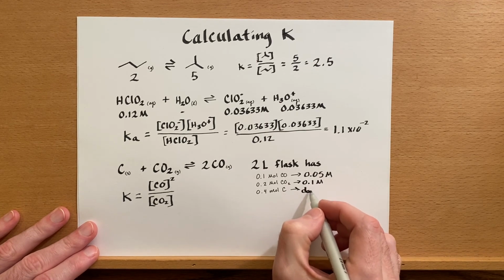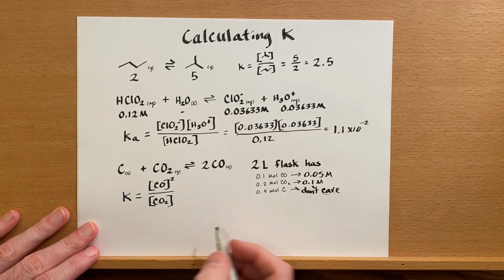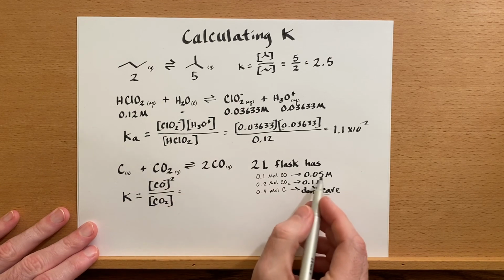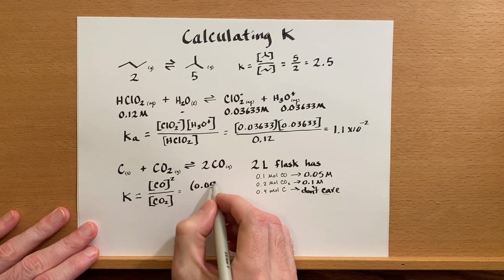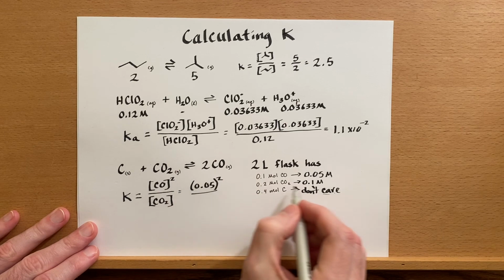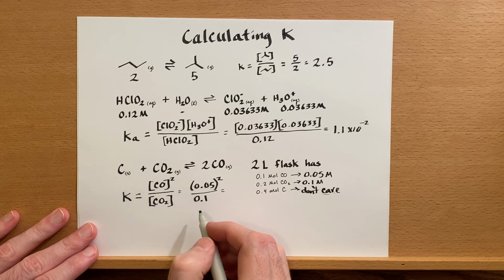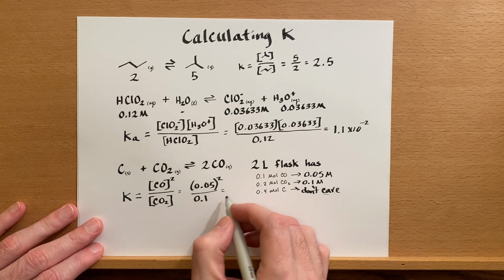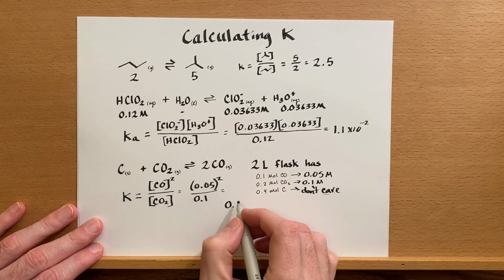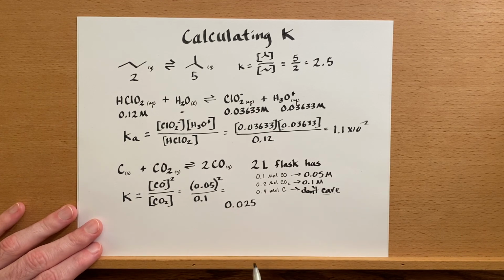So we simply plug these numbers in, and then evaluate this expression. And you should get a K of 0.025. And again, no units on it.